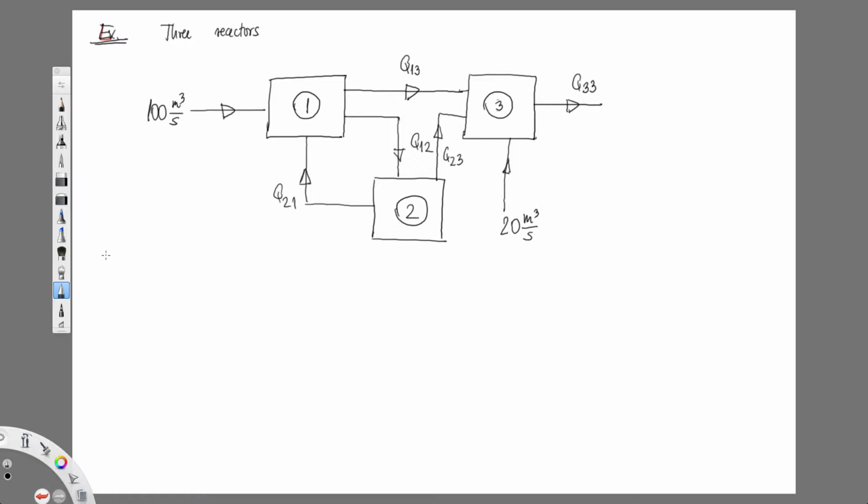So basically we want steady state flow through the system.